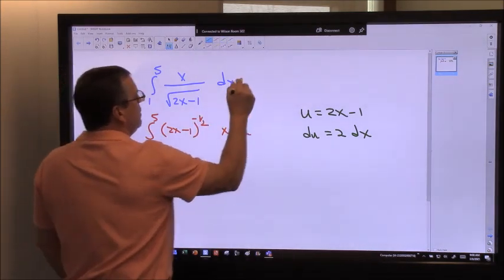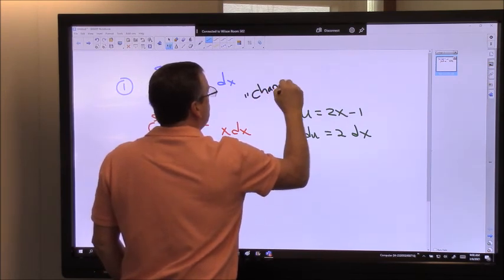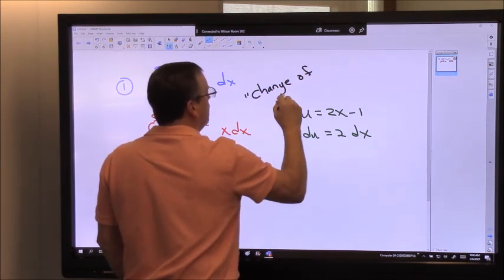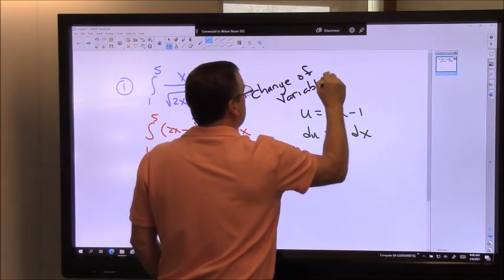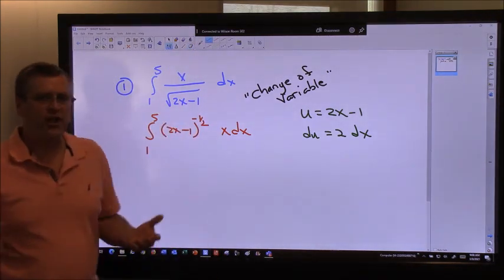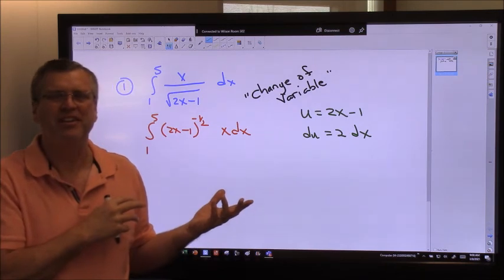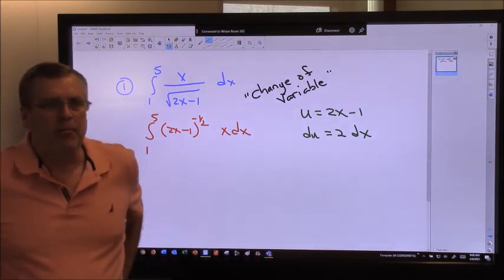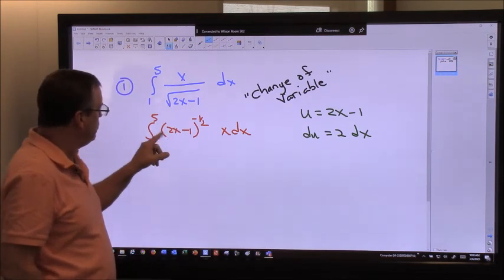And this method is going to be called change of variable. Now, we've been changing the variable anyway, so I don't know why all of a sudden this is called change of variable, but it is. What it means is I need to change the way we're doing things here.